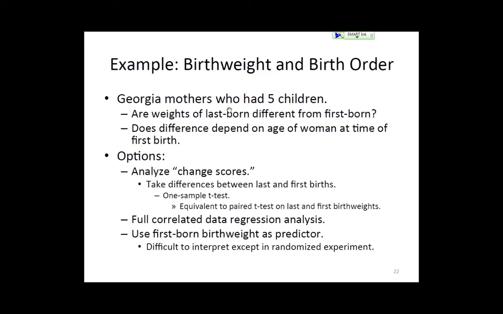Question is, how do the weights at birth change from firstborn to second to third, fourth, fifth? So you might be concerned, for example, that the more children you have, the weight decreases for whatever reason. You know, your motherly resources are used up somehow.